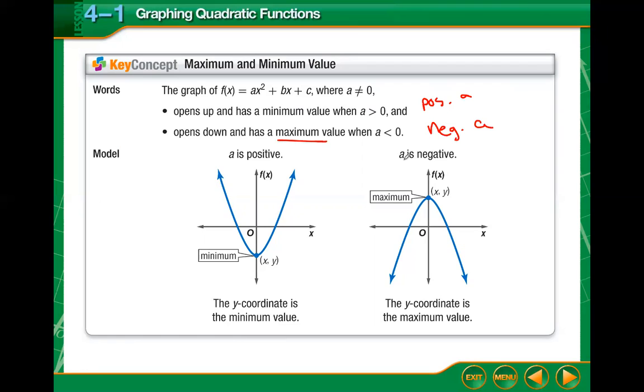Your minimum and maximum is the y-coordinate of the vertex. That's easy to find, even if it's in standard form, by using the axis of symmetry equation, -b over 2a, to determine the x value that you would need to plug in to find your min or max.